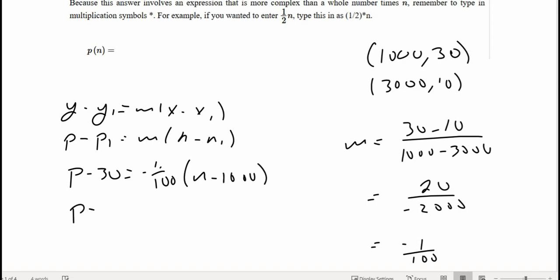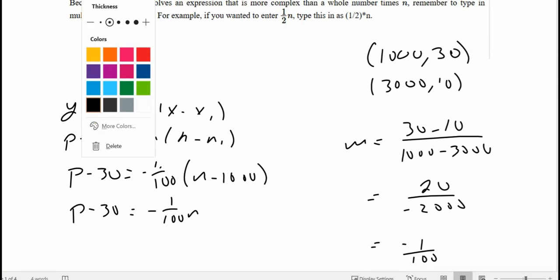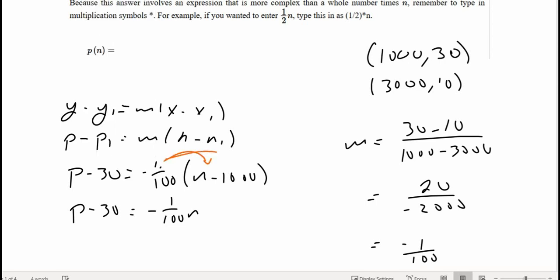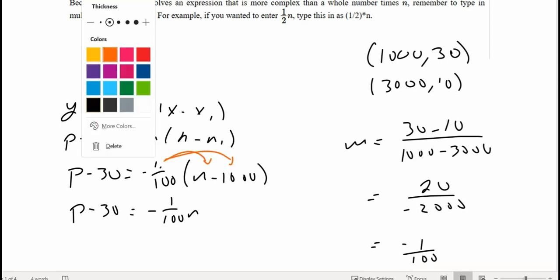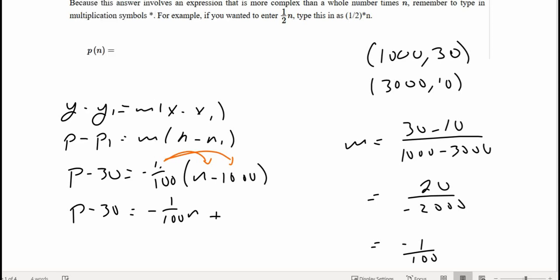Now, since we want P of N equals, I'm going to solve for P. So I'm going to distribute the negative 1 over 100 through both of those. That's going to be plus, and then 1,000 over 100 is 10.